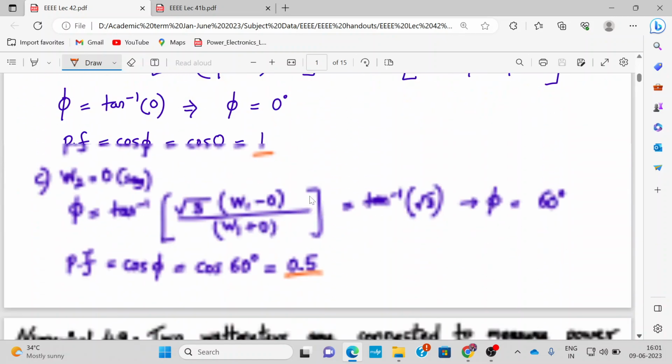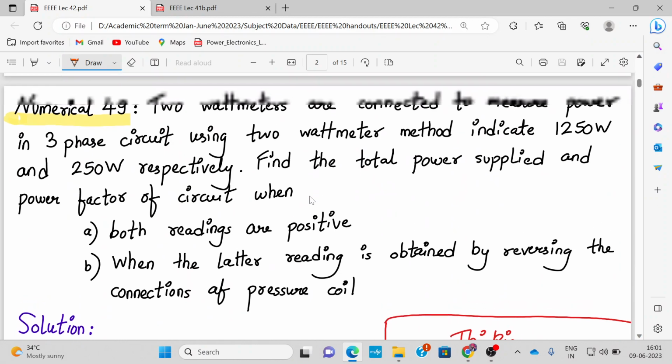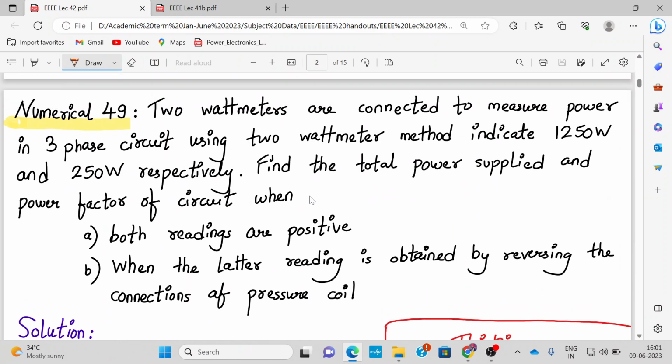Okay, so let's move on to the next numerical. Numerical number 49 says that two wattmeters are connected. Whenever the word two wattmeters is used, immediately understand it's a numerical on the two wattmeter method for power measurement. So two wattmeters are connected to measure power in a three-phase circuit using the two wattmeter method, which indicate 1250 watts and 250 watts respectively.